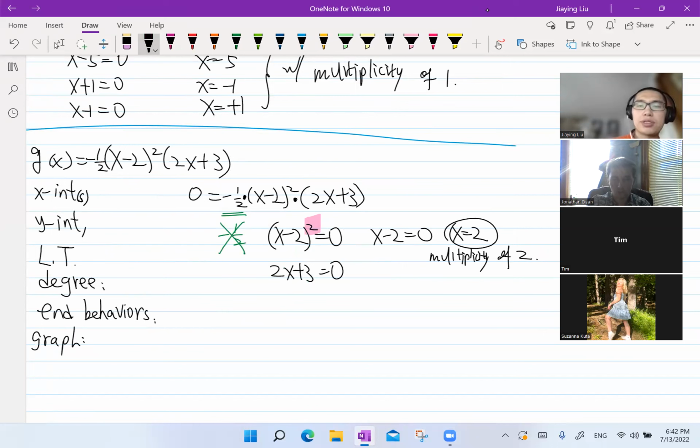And 2x plus 3 gives me 2x equals -3, so x equals -3/2, which has a multiplicity of 1.